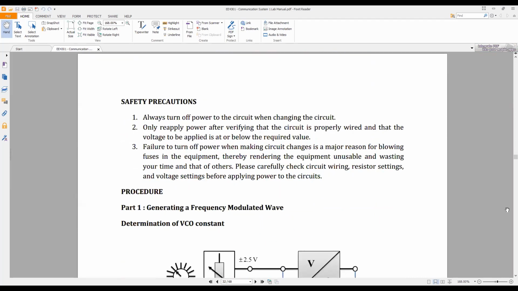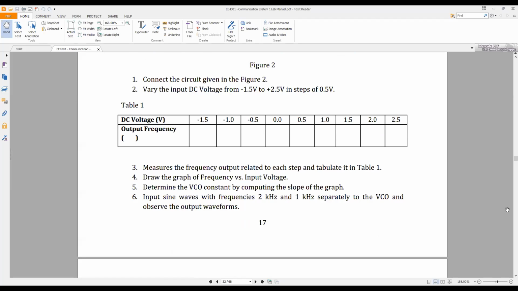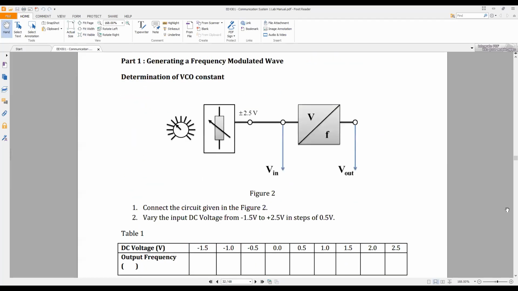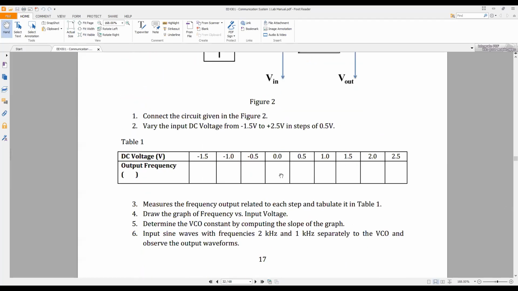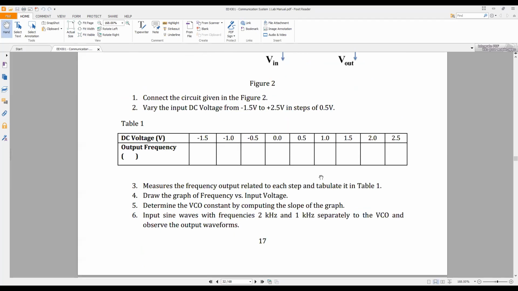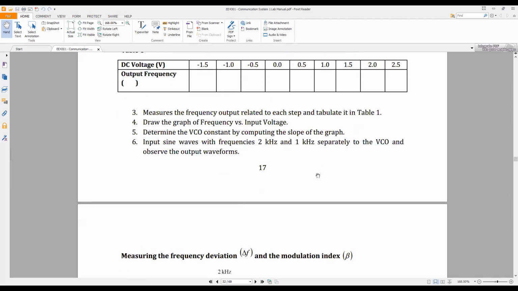I hope you have already done the pre-labs. And here you have to fill this table with the noted values, draw the graphs and find the VCO constant. And then for procedure number 6, you have to add the 2 waveforms we observed for the first part.